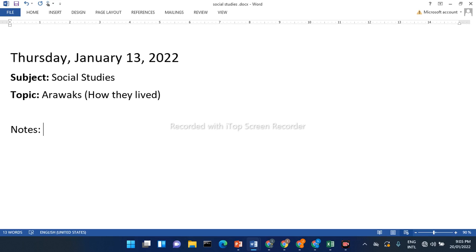Now today we're going to be talking about how they lived, and how they got their food, and some more details concerning that. So the Lucayans, according to this information, lived in a communal, cooperative way.